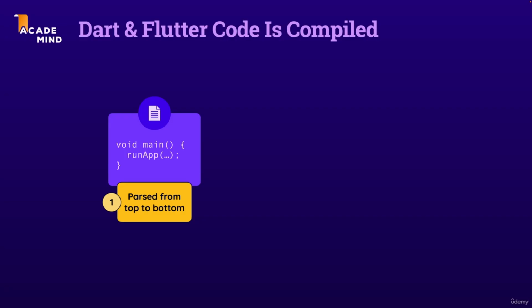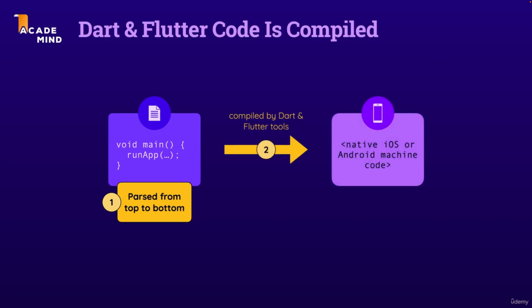Therefore, as a next step, after parsing the code is compiled by various Dart and Flutter tools, which simply means it's translated into some other code, some native iOS or Android machine code, so some code that is understood by iOS or Android or whichever target platform you are targeting.